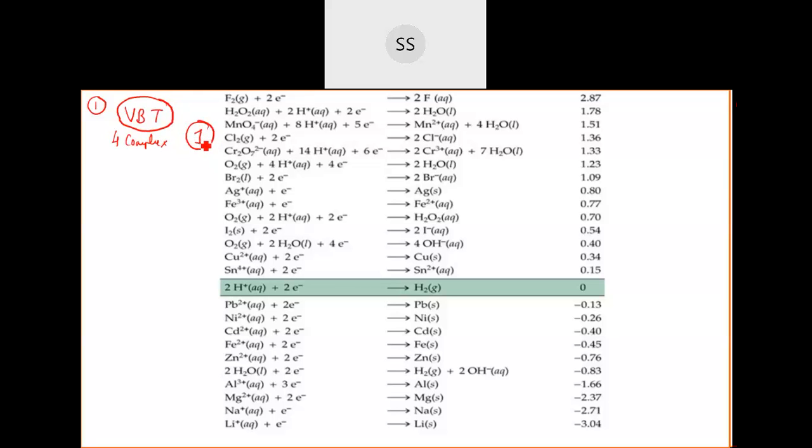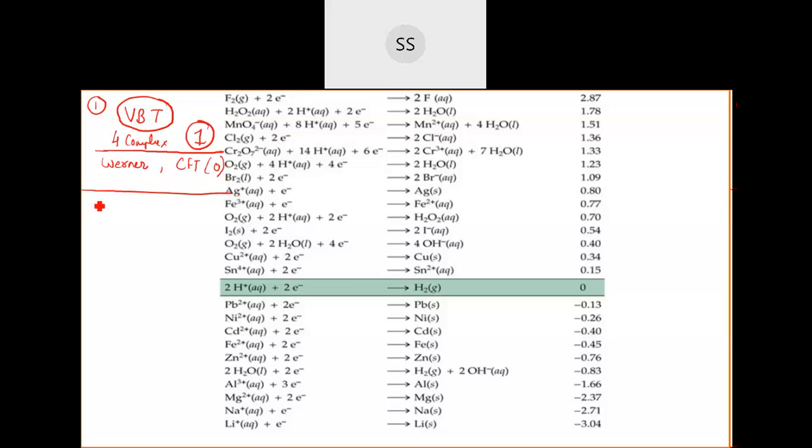Then you can study Werner's postulates, which are important, and then CFT. For octahedral you concentrate more. This is very important, I will tell you first.